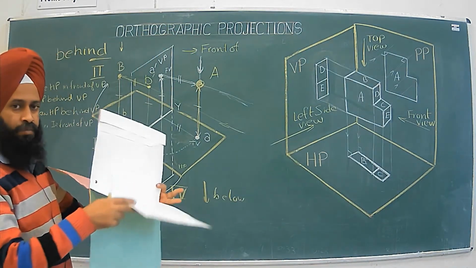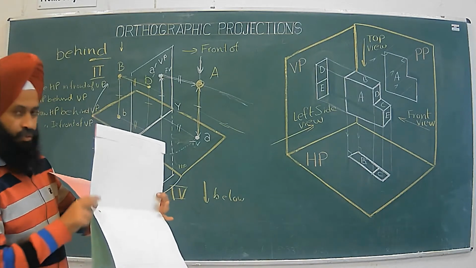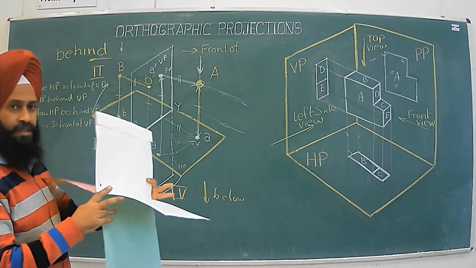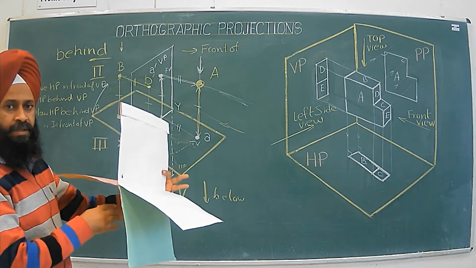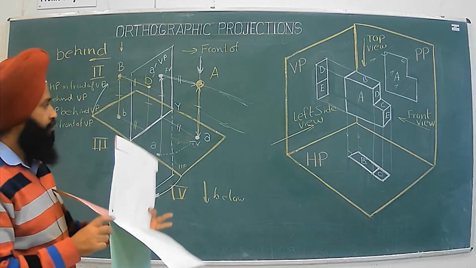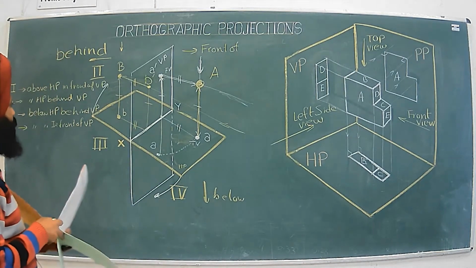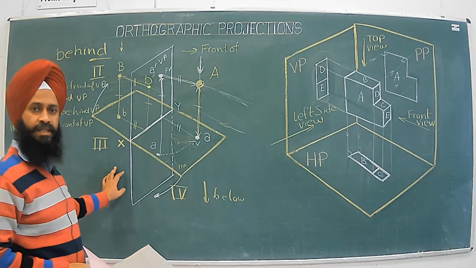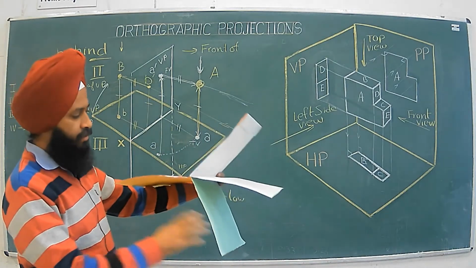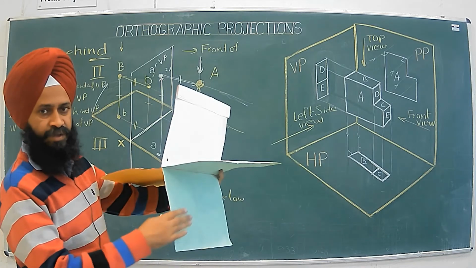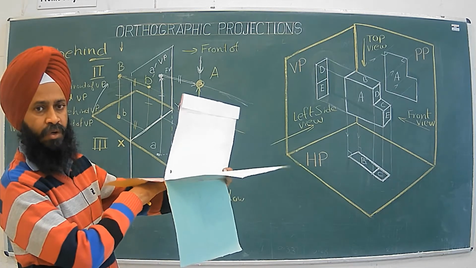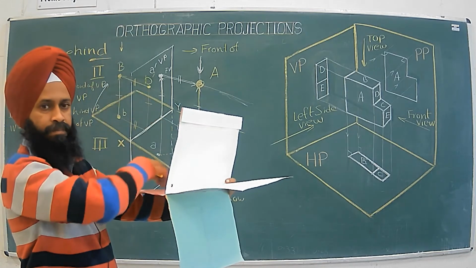So first angle opens up, fourth and second angles they close, and here third angle also opens up. Now if we assume that point is lying in third quadrant, we will have its front view on vertical plane, top view on horizontal plane, seeing from top.